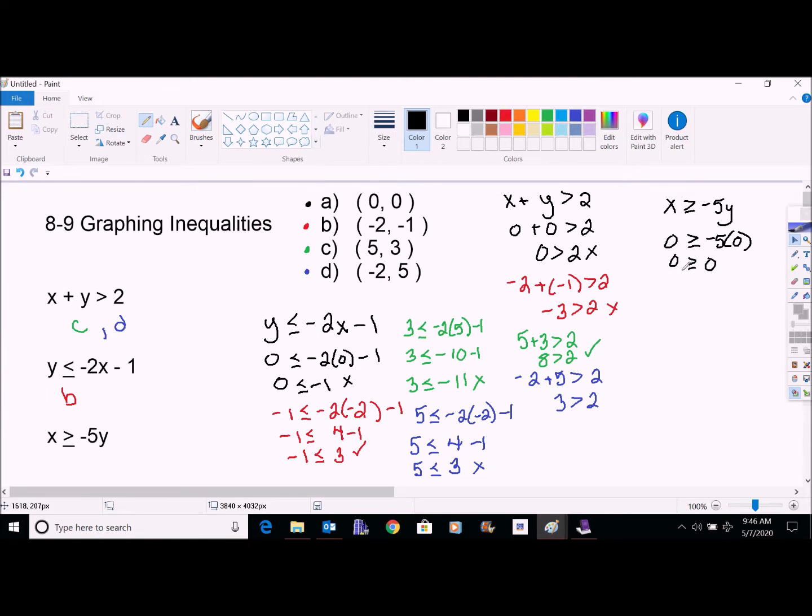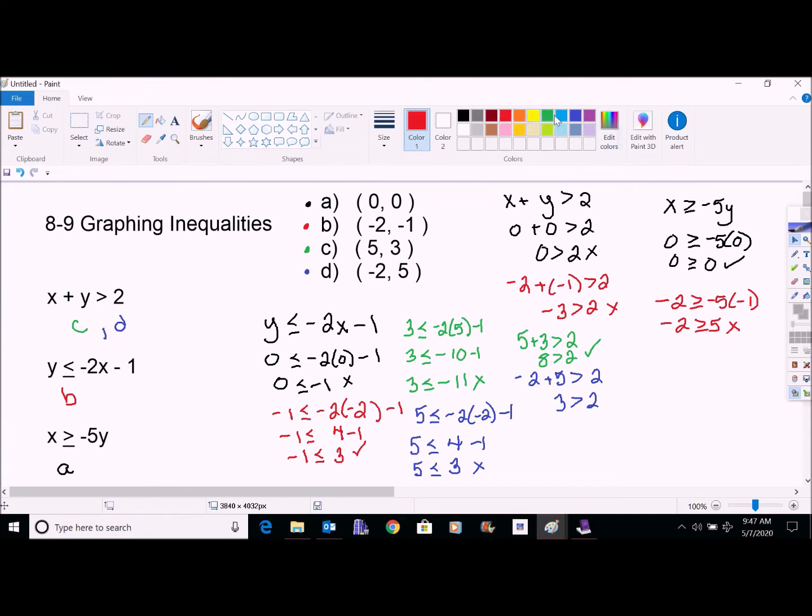Well, yeah, it's not greater than, but it is equal to, so this one actually works. So A is an answer that works here. B. Let's check out B. X, Y. -2 greater than or equal to -5 times -1. -2 greater than or equal to 5. Nope. So B doesn't work here.